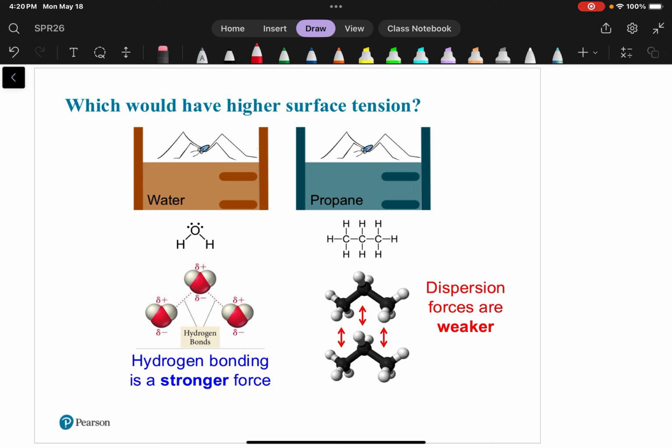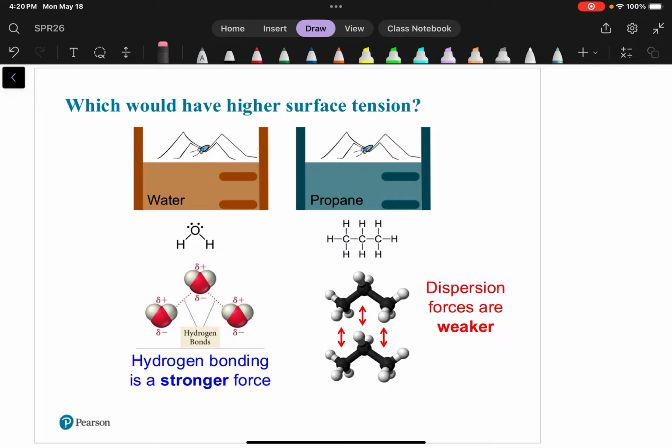So the only intermolecular force that we would see propane exhibit would be what? Yeah, dispersion forces, right? Dispersion forces are weaker than something like a hydrogen bond, so hydrogen bonding is a stronger force.